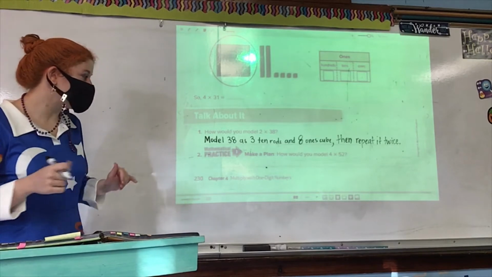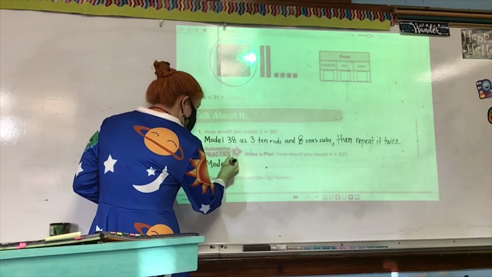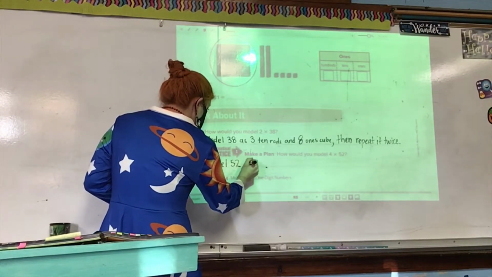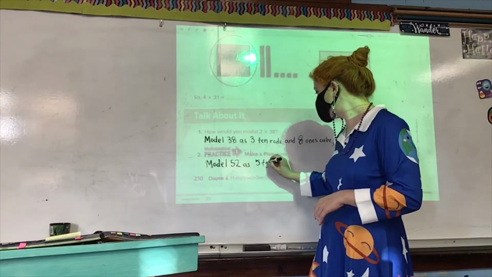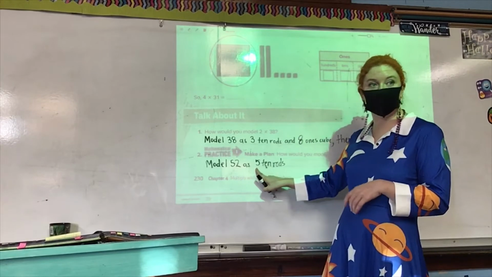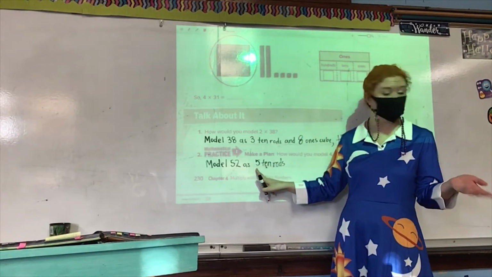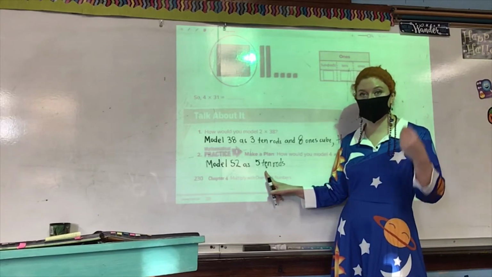Good. So first, we model 52 as 5 10 rods. Remember, we don't have to spell out 5 because we are talking about the number 5. But we are going to spell out 10 because we're not talking about the number 10. We're naming a 10 rod.